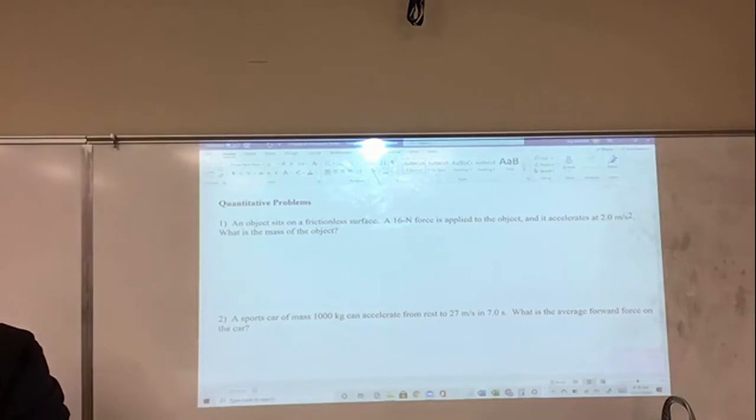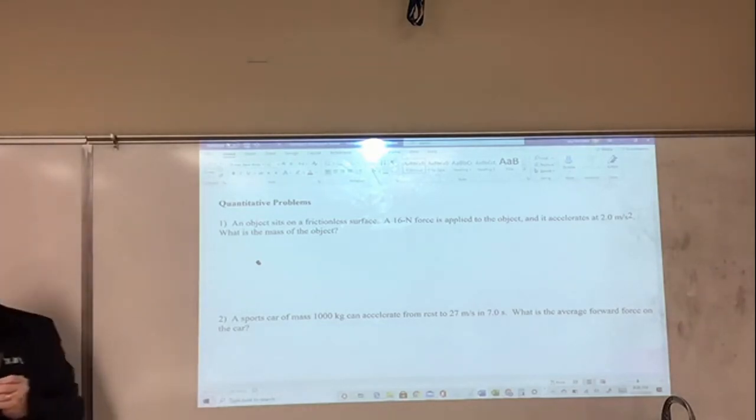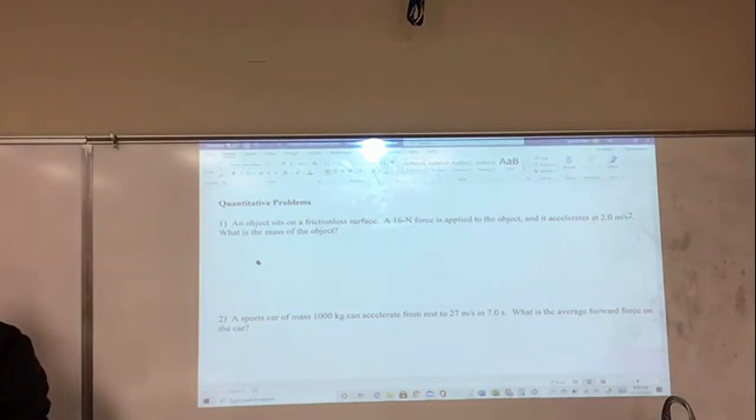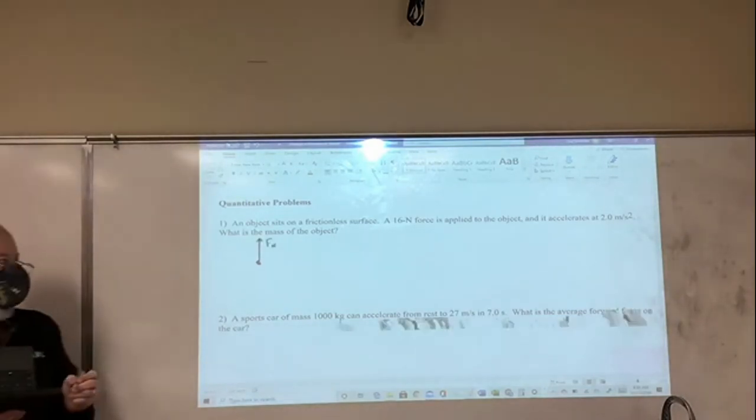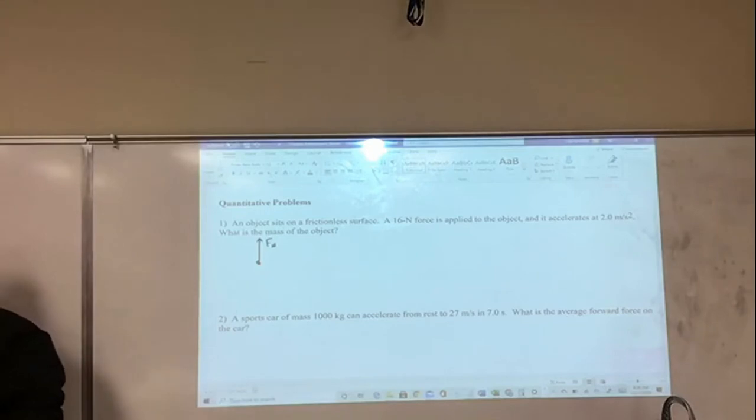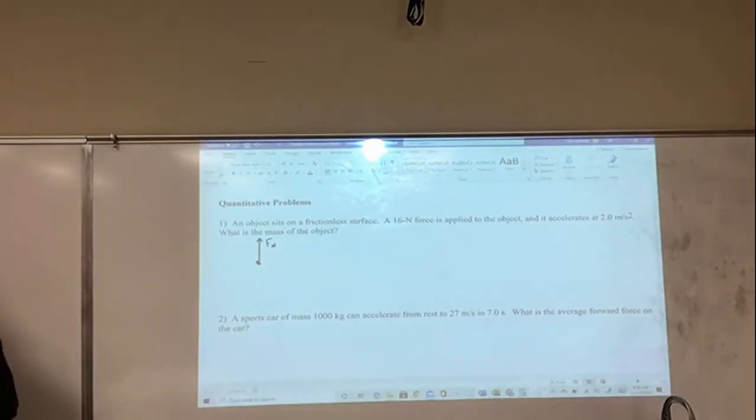Okay, so if I have my object sitting here and I have some forces on it, what are forces that are acting on this object? Normal force. So I've got a normal force. What else do I have acting on this object? Gravity.